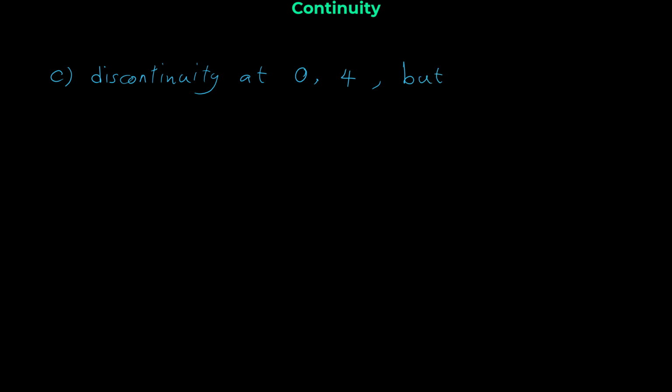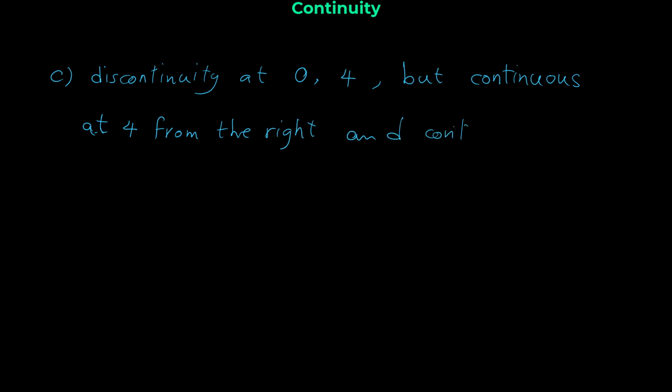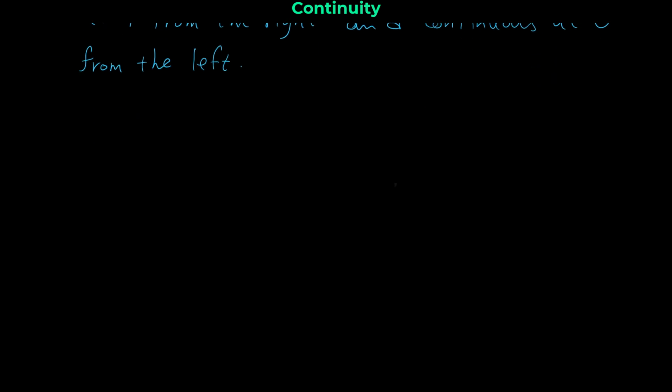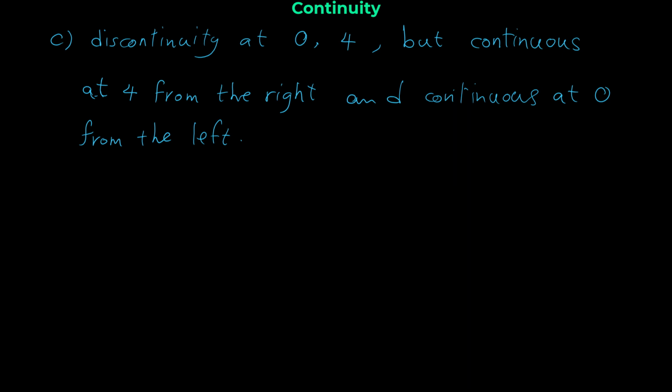We know that the function is continuous at 4 from the right and continuous at 0 from the left. So we have discontinuity at 0 and 4, but at 4 the function is continuous from the right, and at 0 it is continuous from the left. So based on this information, we want to graph our function.